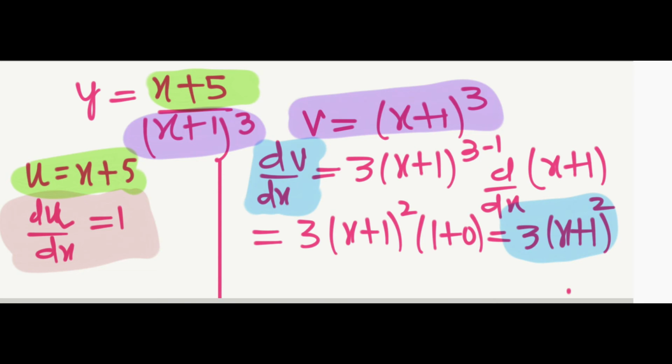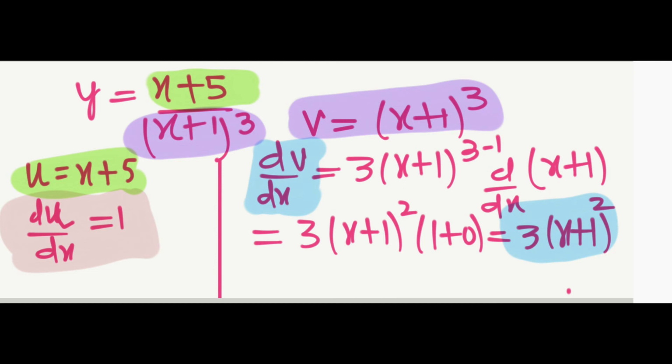Further, the steps are the same. Again we have used color coding so that it may be easy. Now when u is x plus 5, the derivative with respect to x is 1. And when v equals x plus 1 whole cube, the derivative is dv upon dx. Now friends, you remember the chain rule?